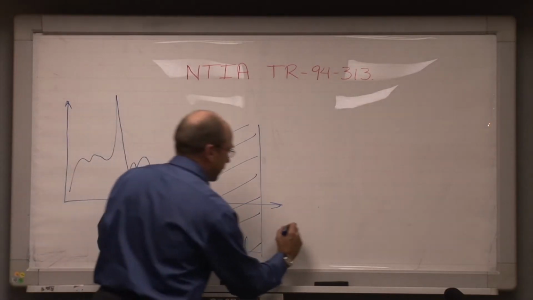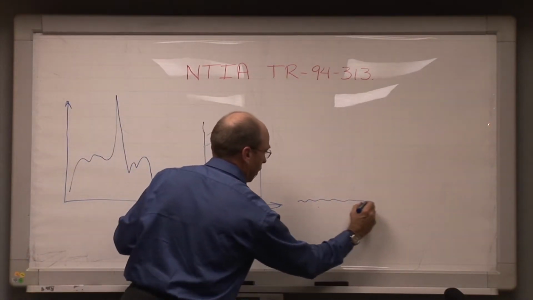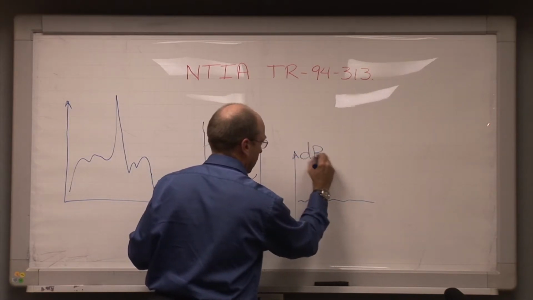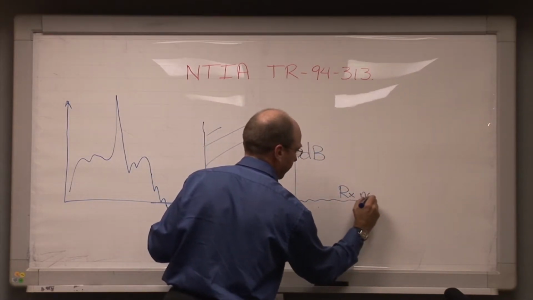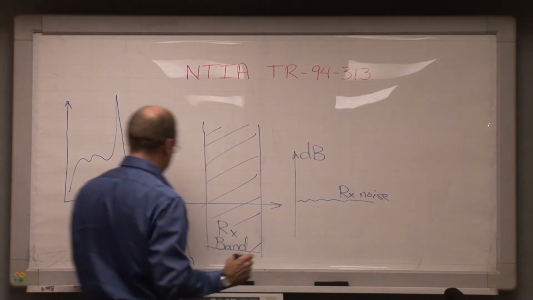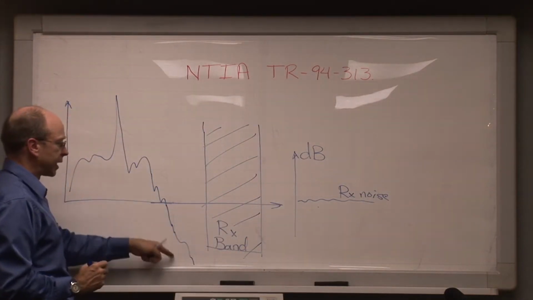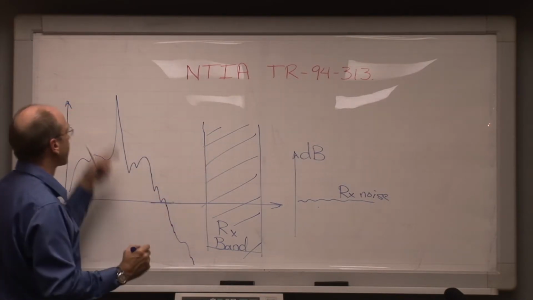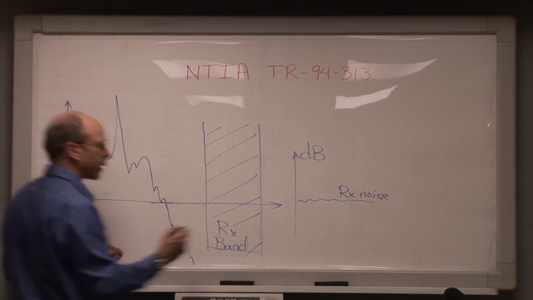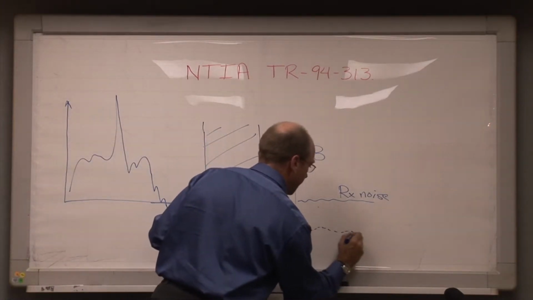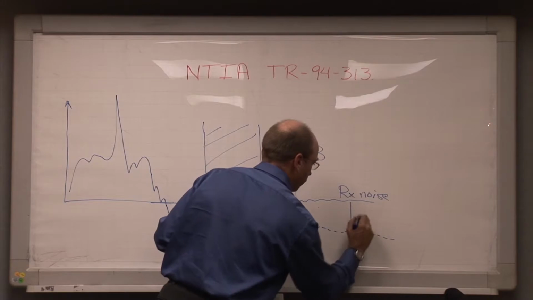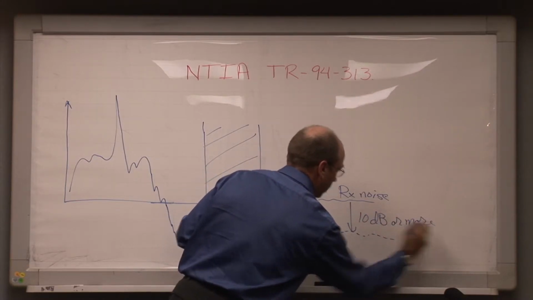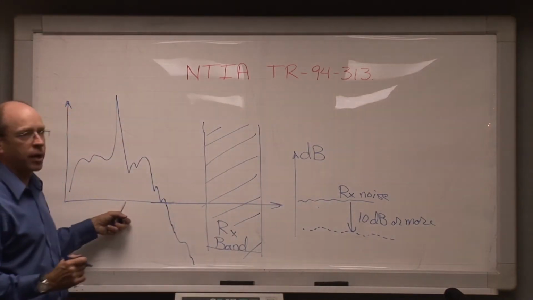For example, if the receiver has a noise level that we'll arbitrarily draw like this in decibels, here's the receiver noise floor, and you see this energy coming from this at a sufficiently low power that at the distance this transmitter is located from the receiver, and given the receiver's antenna gain and the gain of the antenna on this transmitter, the noise from this thing would be 10 dB or more below the receiver's noise, then clearly this can't be causing the problem.